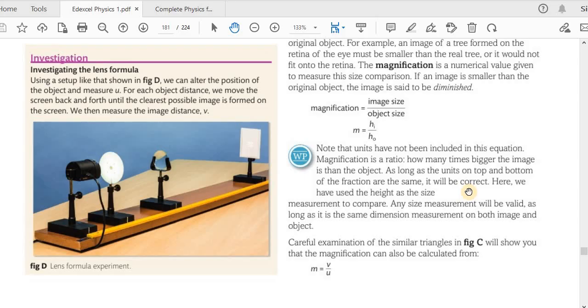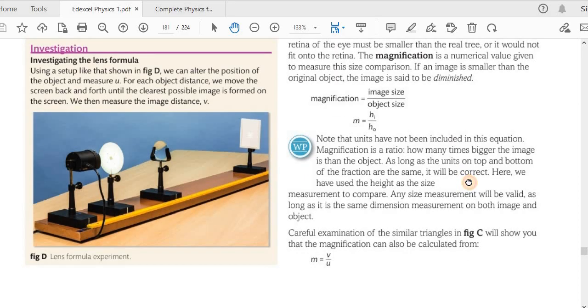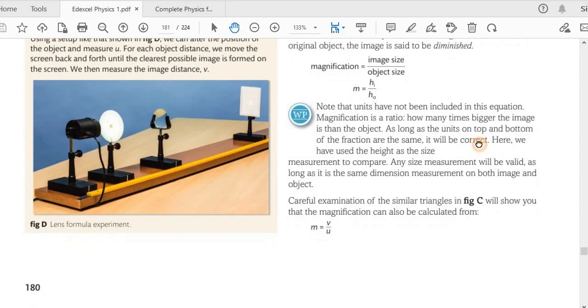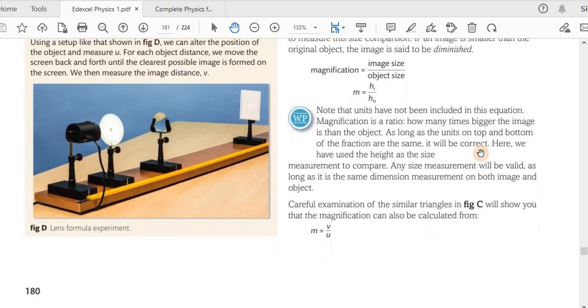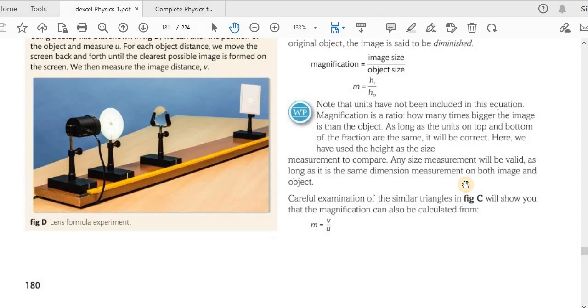Here we have used the height as the size. So we are not using the actual size of the object, we are using the height. So height has a length unit.